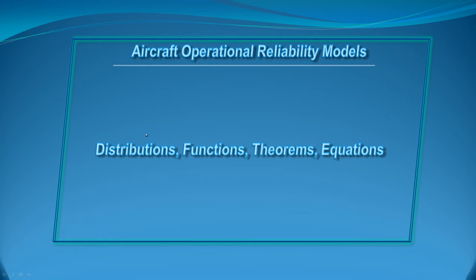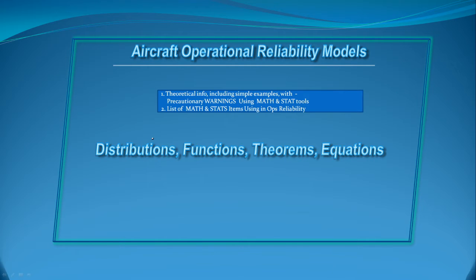However, we're going to have a very interesting discussion today. We will try to identify some filters. I call them precautionary warnings, for when we are using mathematical and statistical analysis tools. So why do we need this? Because, from a general perspective, we are not talking about something specific.